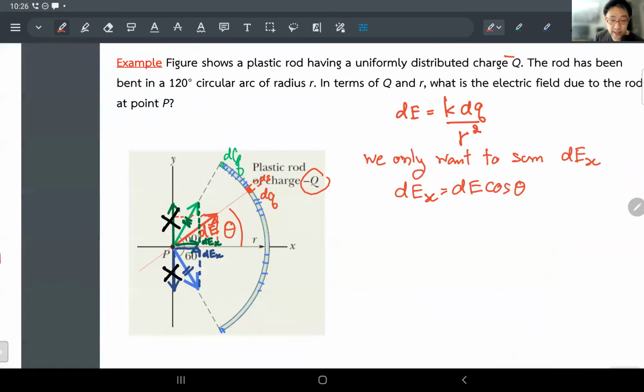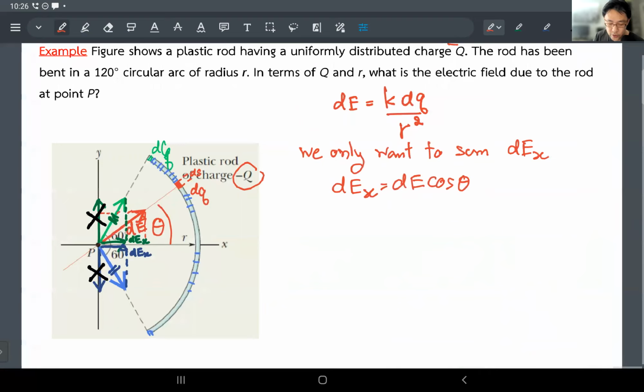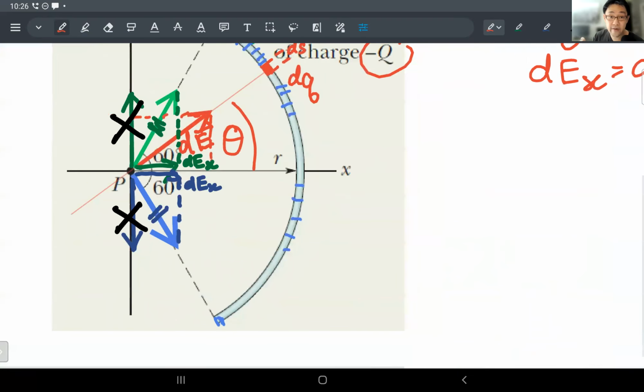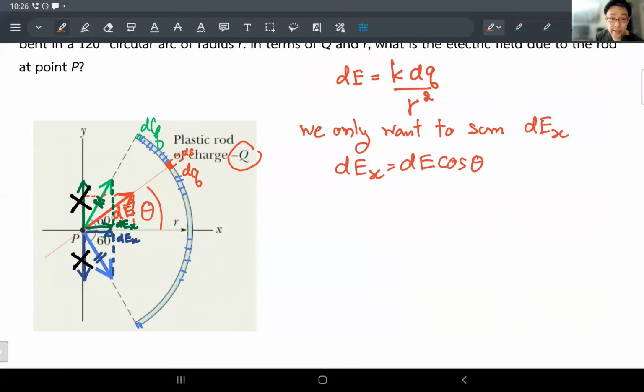But here, this is not the case. It turns out your theta now varies. So you can imagine that now your theta is a variable. It depends on where your DQ is. You guys with me? So for example, if you look at the top portion over here, your theta will be all the way out. That is your 60 degree.